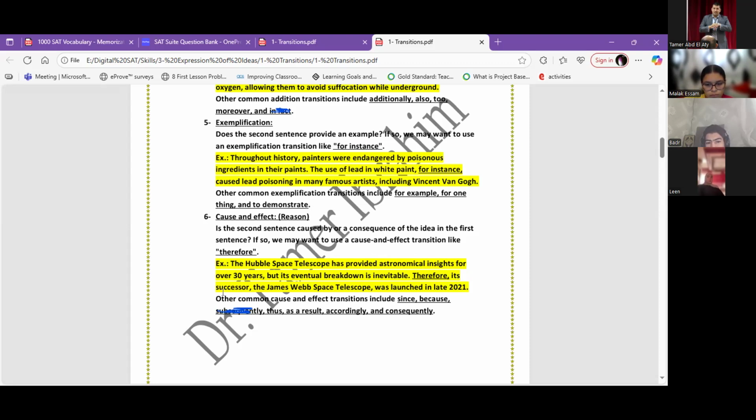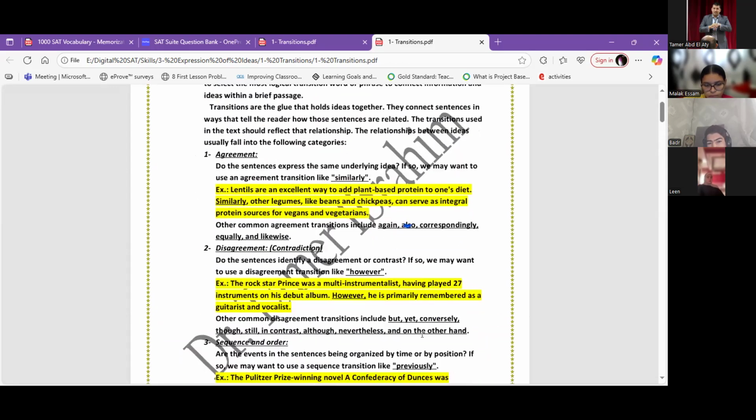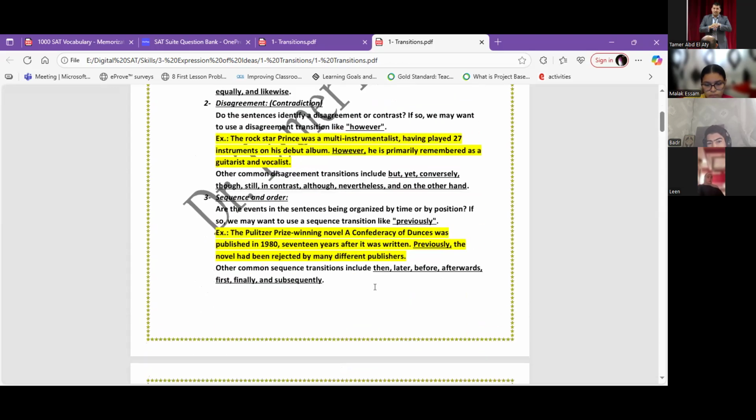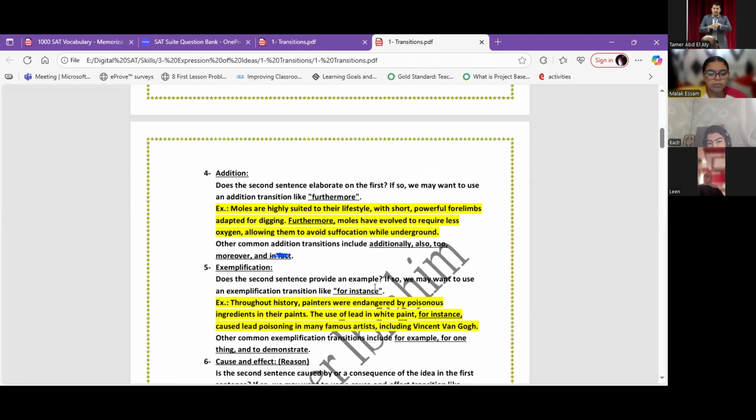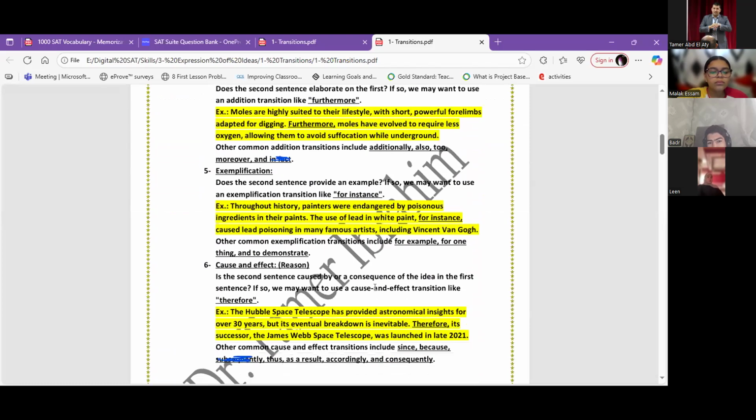Its successor, what comes after, the James Webb Space Telescope, was launched in late 2021. So because this breakdown is near, or inevitable, cannot be avoided, because of that we have a new one that is going to be launched in late 2021. Therefore. These are the 6 categories: agreement, disagreement, sequence and order, addition, exemplification, cause and effect.